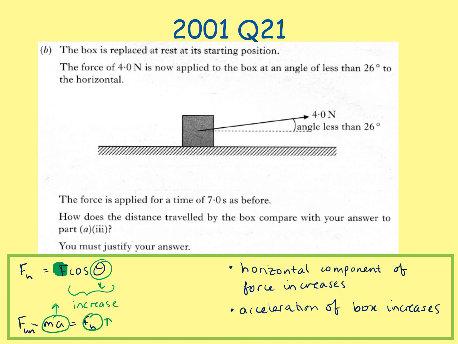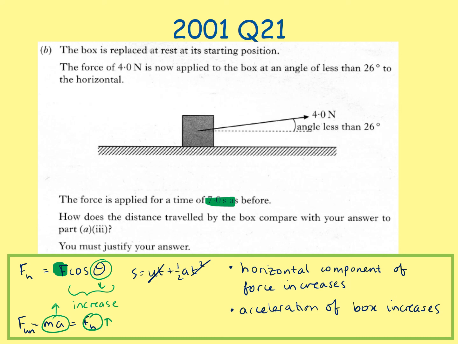And finally, think back to the third equation that we used, our equation of motion. We used S equals ut plus a half at squared. Remembering this first section, this was just equal to 0. It's starting at rest again, so we can ignore that. Our time is staying exactly the same because we've got 7 seconds like before. So we can ignore our time.